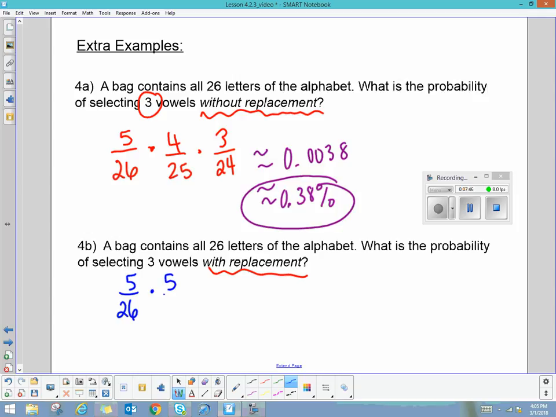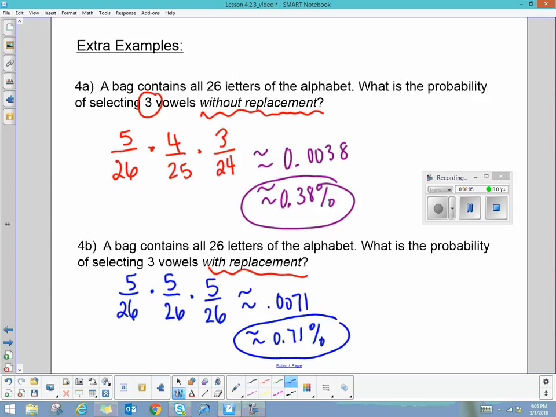So it's going to be 5 out of 26 again. And again, I was able to put it back. And there you go. So just multiply all that together. Still a very small percent, but slightly larger than what we got in the above case.